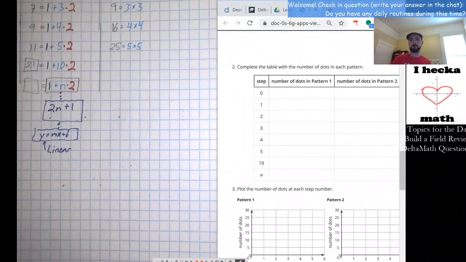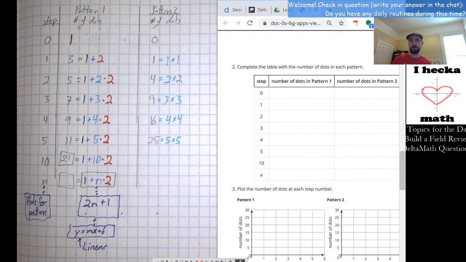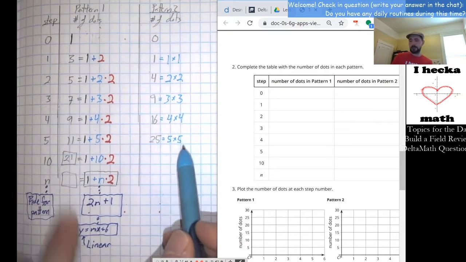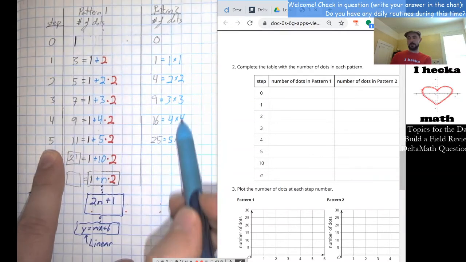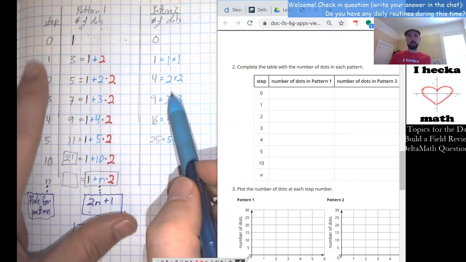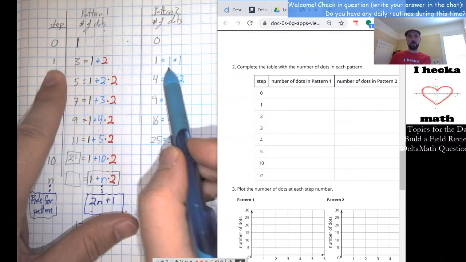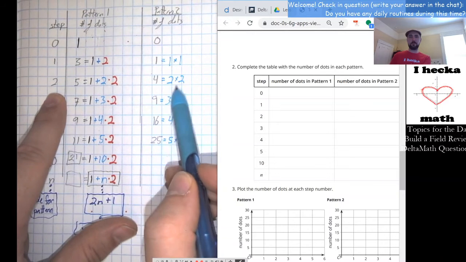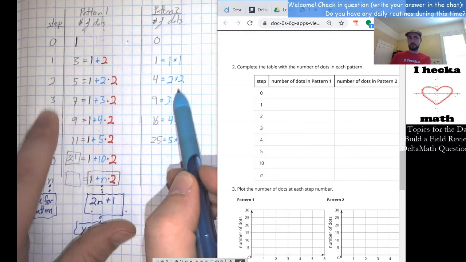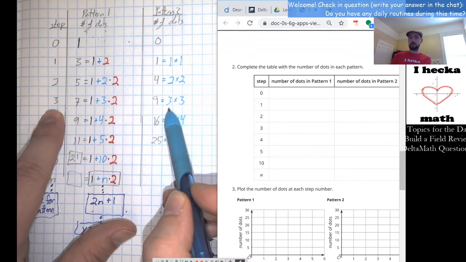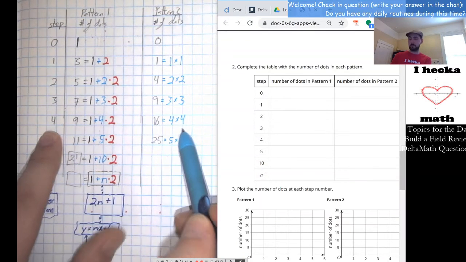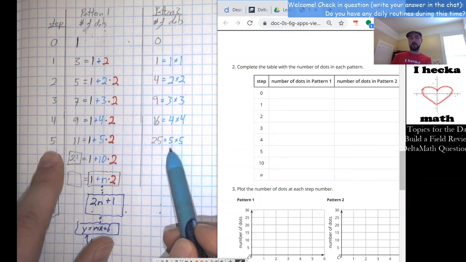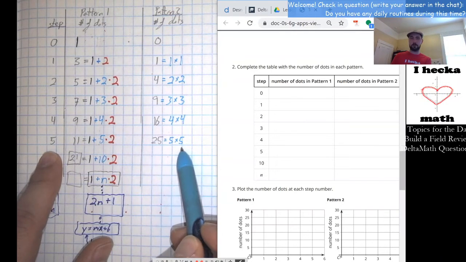So the trick is to realize how this multiplication seems to be corresponding to the step number. In step 1, we did 1 times 1. In step 2, 2 times 2. In step 3, 3 times 3. In step 4, 4 times 4. In step 5, 5 times 5.